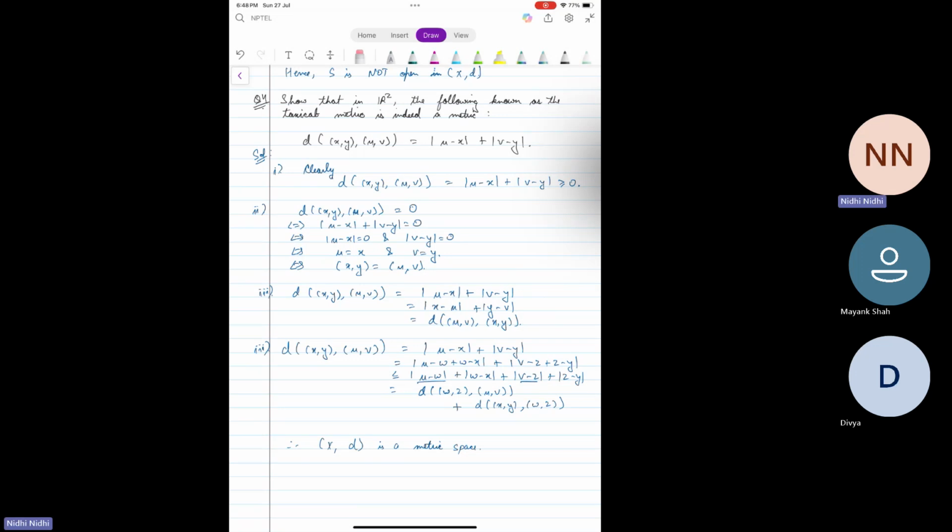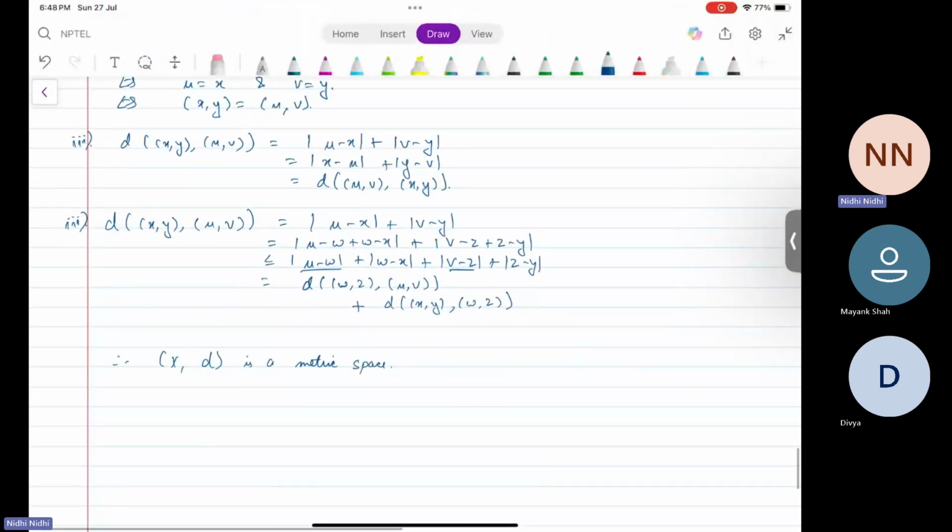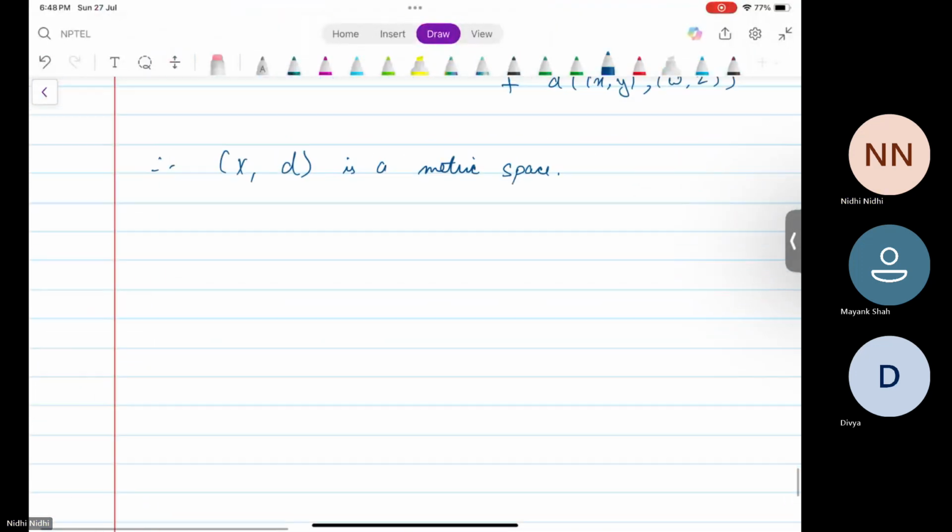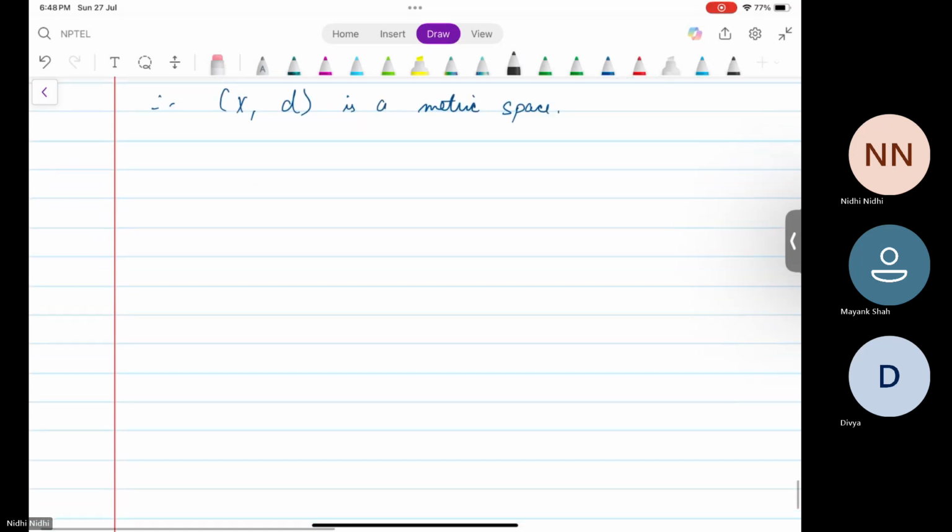Next, we will see convergence. Convergence of sequences in metric space. Let X be any set with discrete metric.